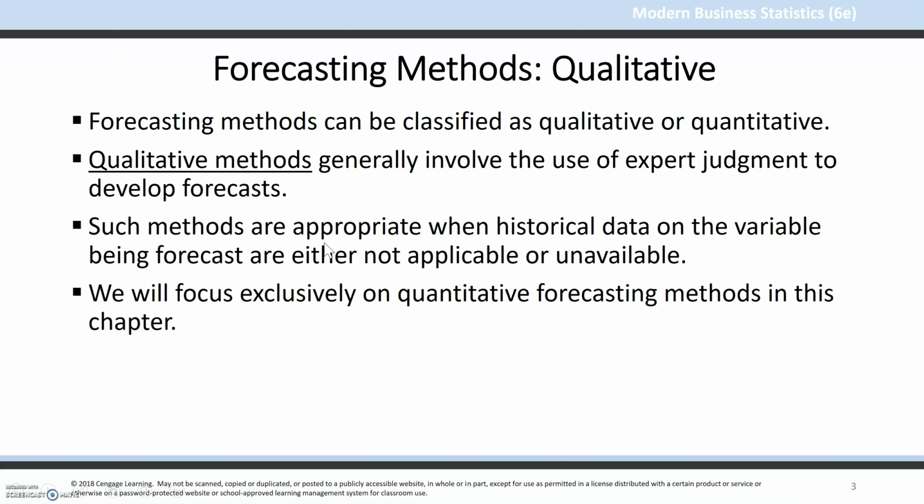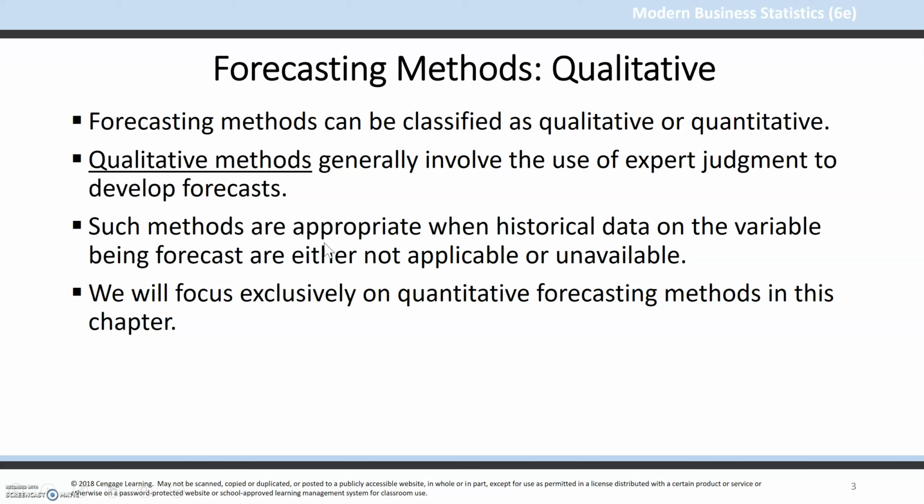All right, so when you're forecasting, you can use either quantitative or qualitative data. Of course, as a stats course, qualitative data, we know that we can't necessarily make a lot of statistical analysis off of that. Those come down to more, as they say here, expert judgments or decisions that are based off of that.